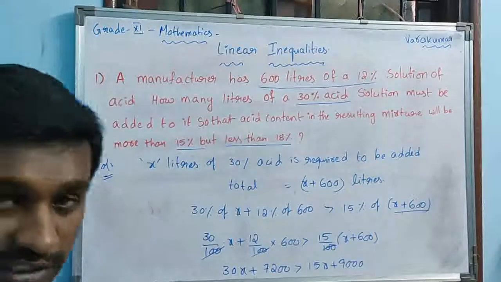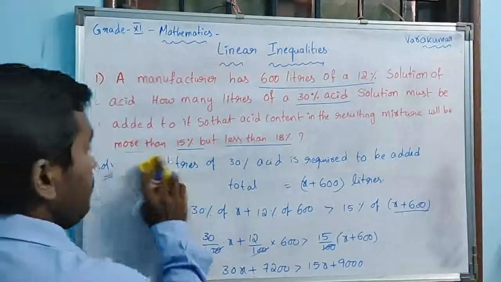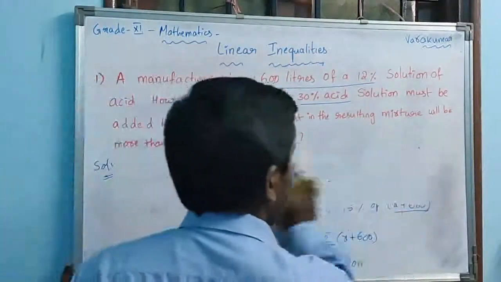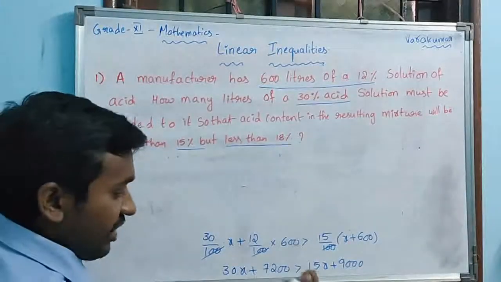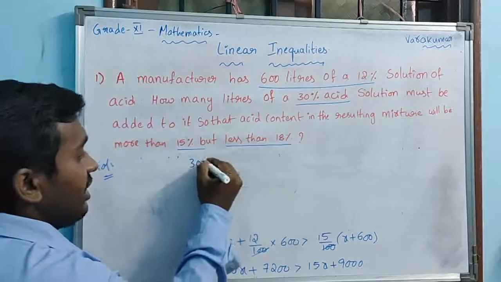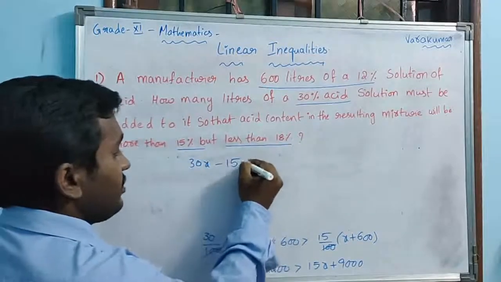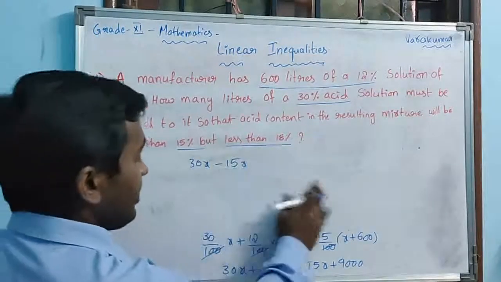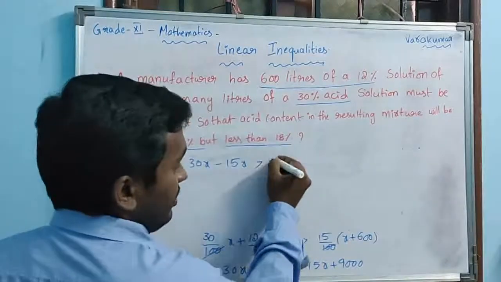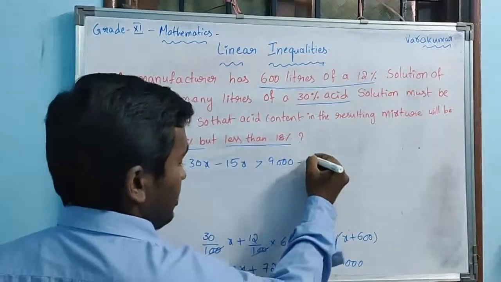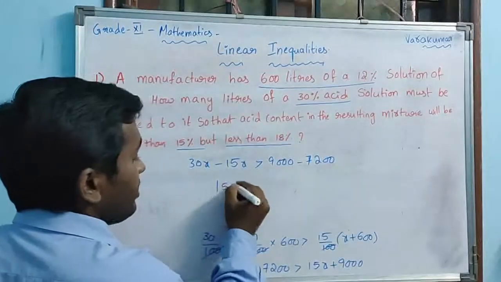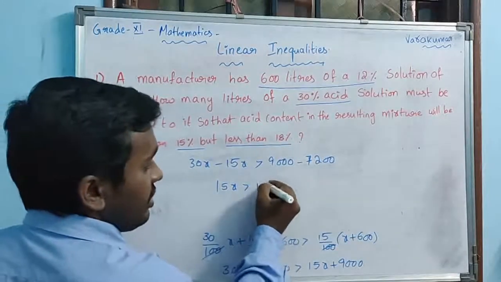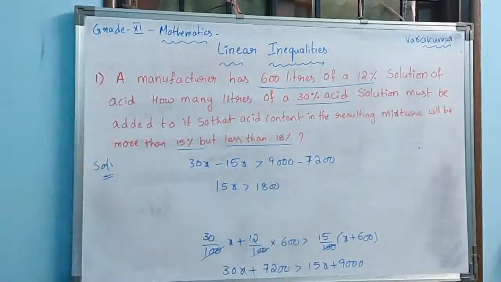Okay. Now I am going to simplify these values. This 15x I am carrying here. So 30x minus 15x greater than 9000 minus 7200. Now 15x greater than 1800.